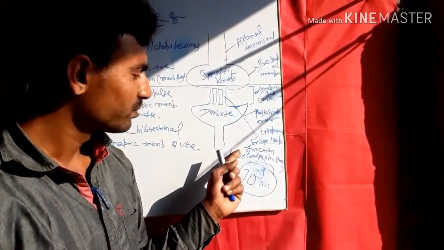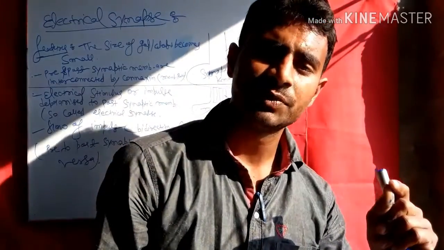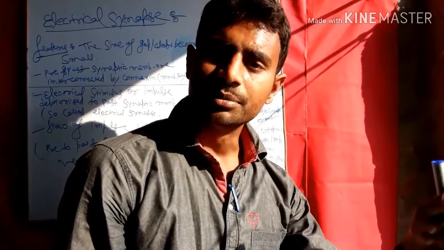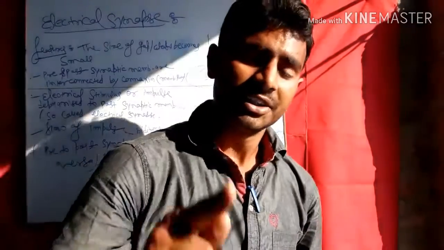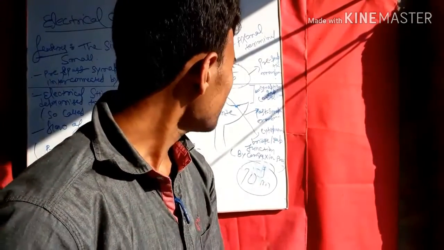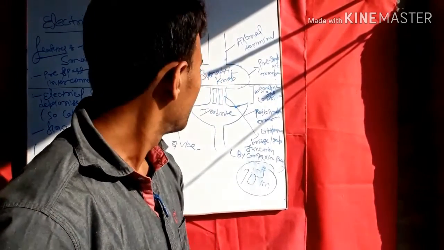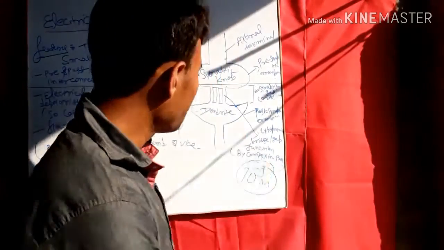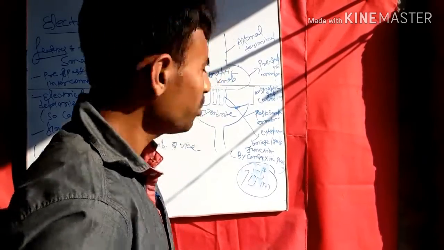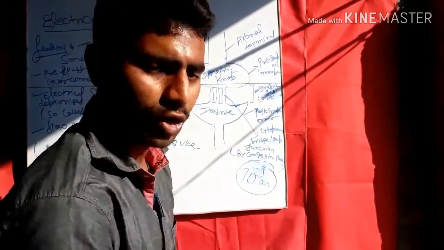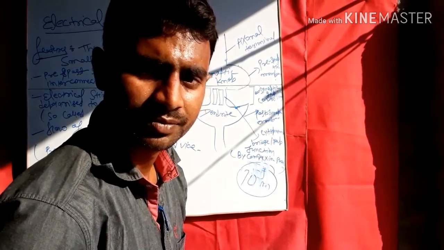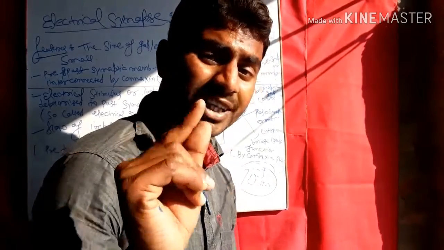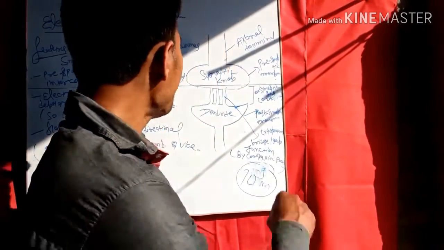Very important points to remember, which have been asked in medical exams. First, both membranes, the presynaptic membrane and postsynaptic membrane, meaning one neuron and the other neuron, are connected with each other by a membrane protein.